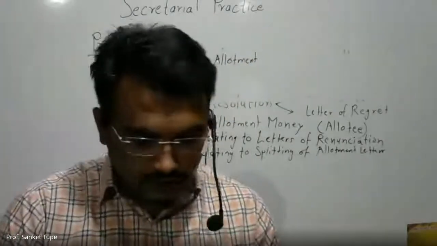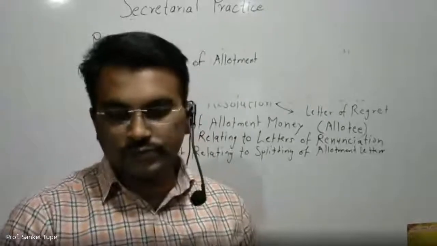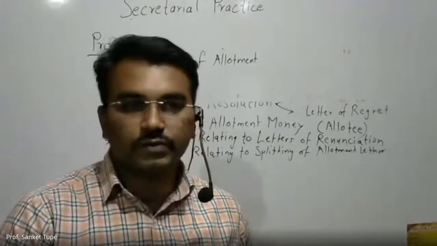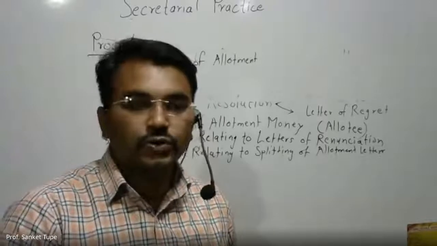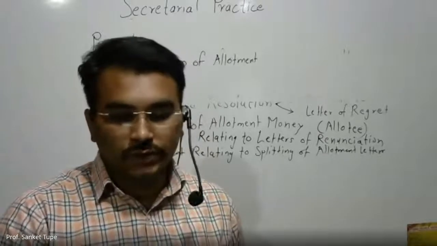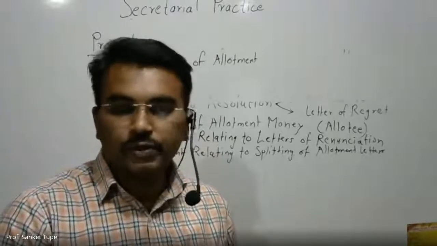In that case, the secretary has to file the return of allotment with the Registrar of Companies, that is ROC, who is the authority for every state, within 30 days of allotment of shares.